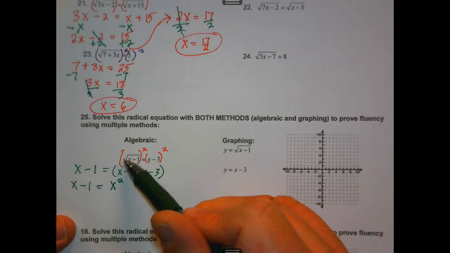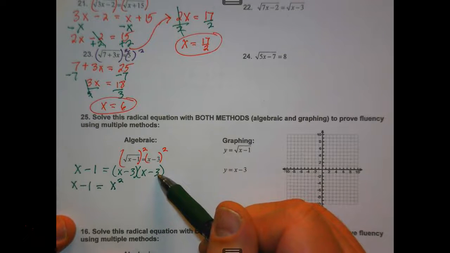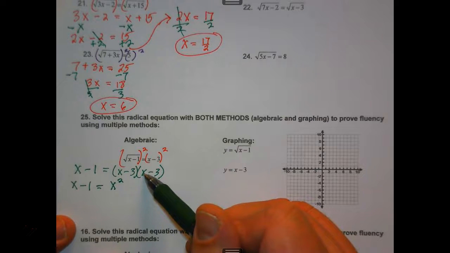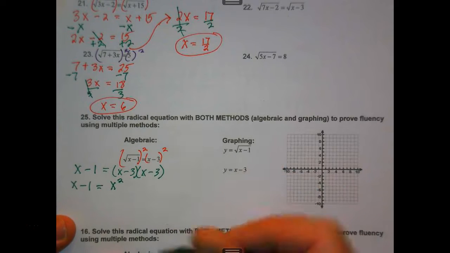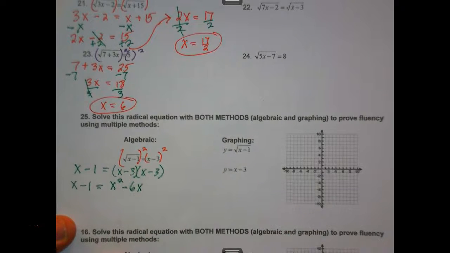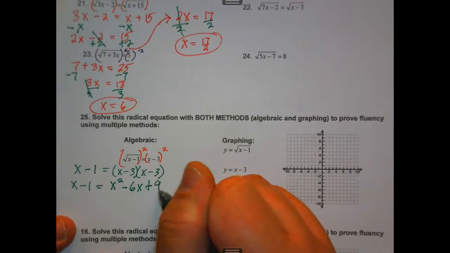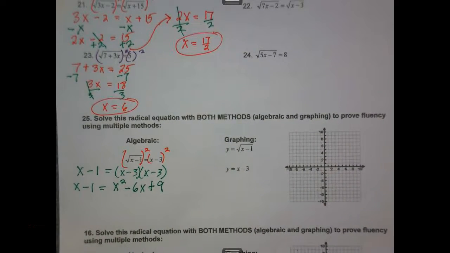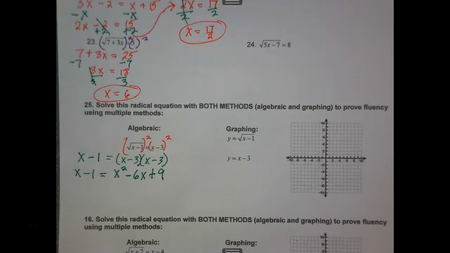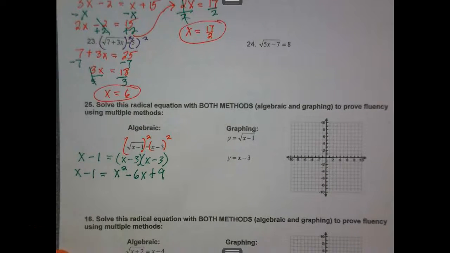Outer, x times negative 3 is negative 3x. Inner, negative 3 times x is negative 3x. I get negative 3x for both, which is negative 6x. And negative 3 times negative 3 is positive 9. I just created a quadratic, so I have to check my answers.